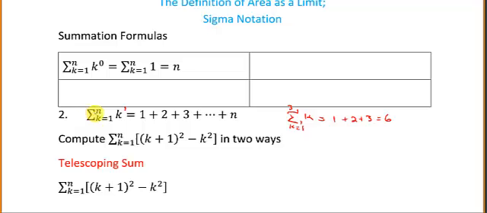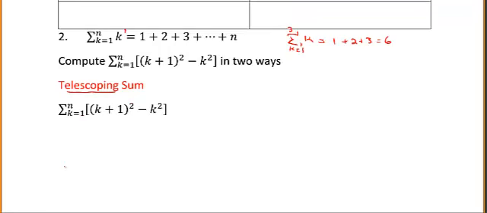Notice we're trying to develop a formula for the sum of k going from 1 to n of k to the first, and notice these things are both being squared. This is what's called a telescoping series, and let me show you why that's true.